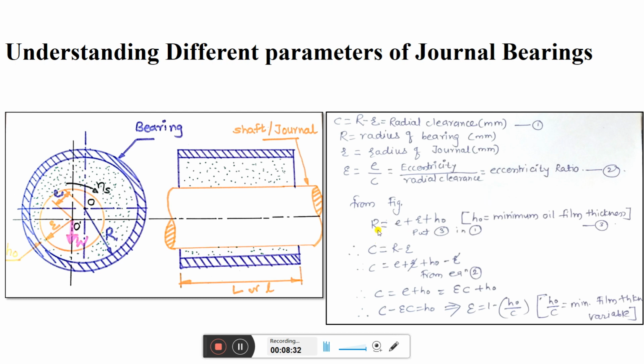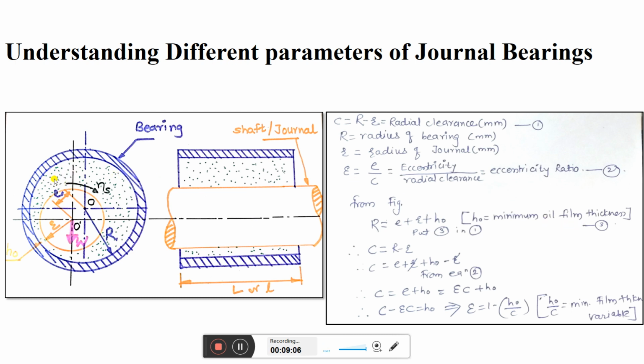So from the figure we can write capital R is equal to e plus r plus H0. Small e is the eccentricity. You can easily see that from O up to here, eccentricity plus r plus H0 is nothing but your total radius, capital R. So what is H0? If you observe this, H0 is nothing but the minimum oil film thickness.